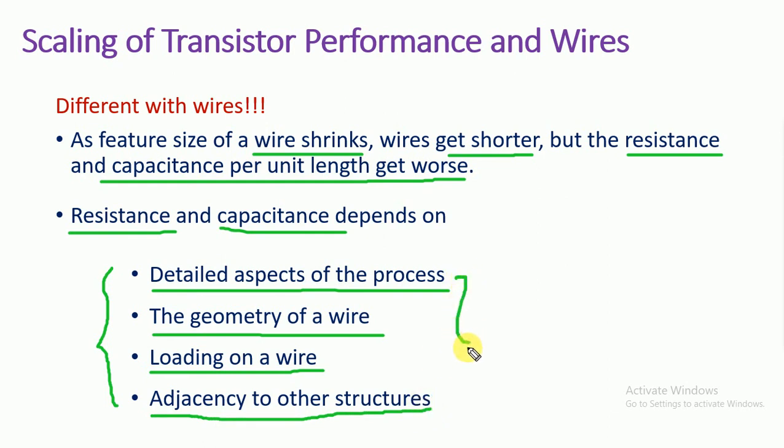Depending on all these factors, we decide how much resistance and capacitance is required for that wire. So if the size is reduced, it may affect all these things. So it is always better to use a transistor in place of wires for creating the integrated circuit, and reducing the size of the transistor will not affect the resistance and capacitance that much in the IC system.